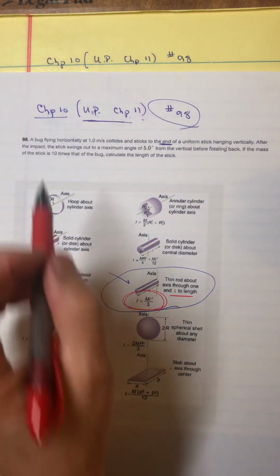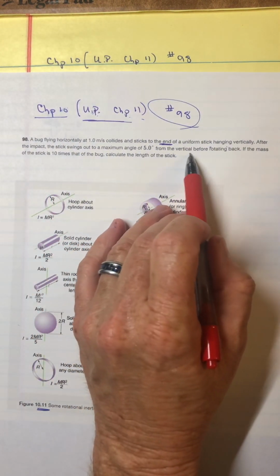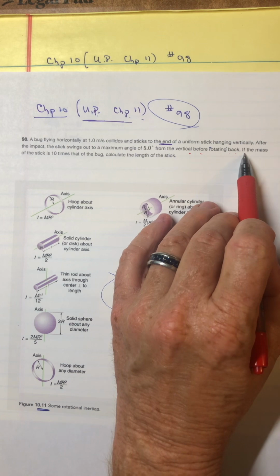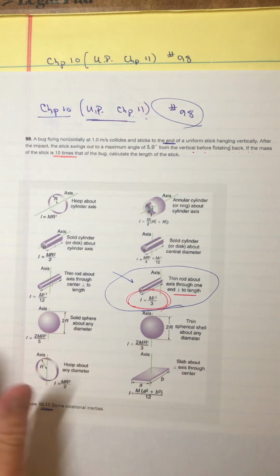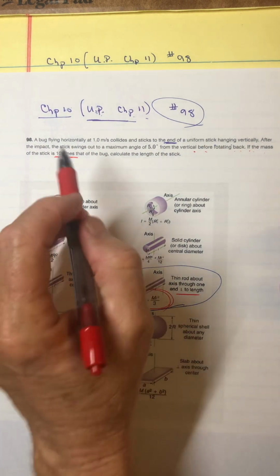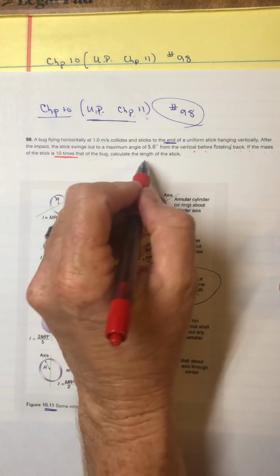Okay, back to the problem here: 5 degrees from the vertical before rotating back. If the mass of the stick is 10 times that of the bug, they don't really give us a value, calculate the length of the stick.